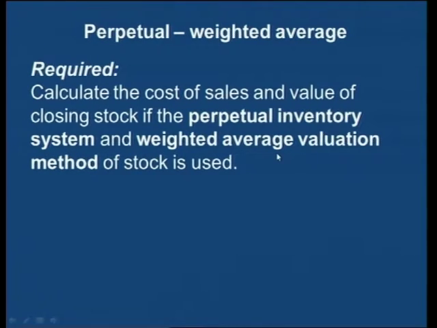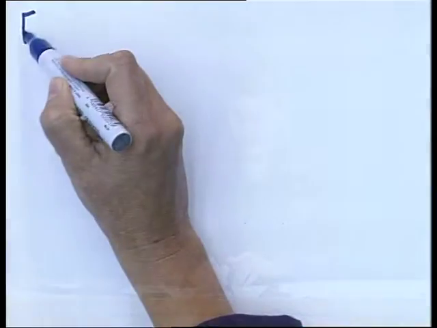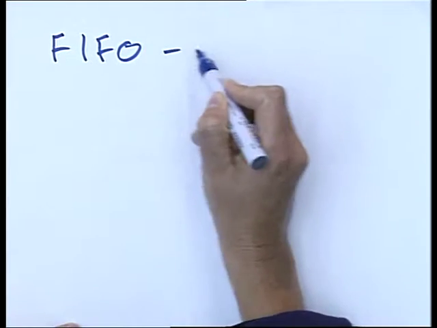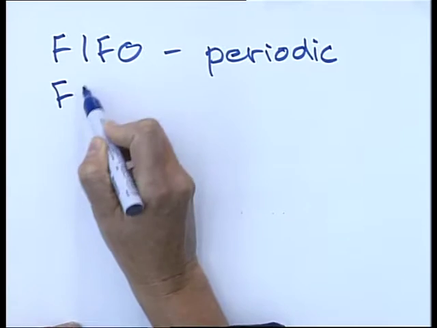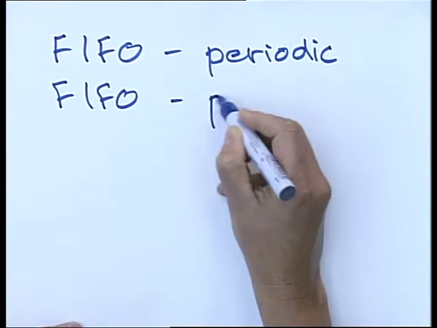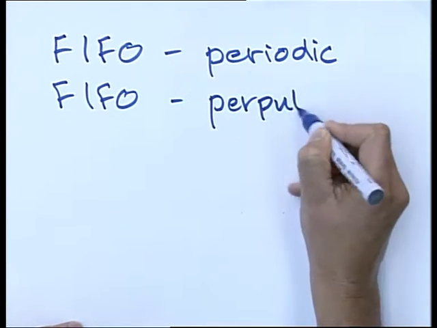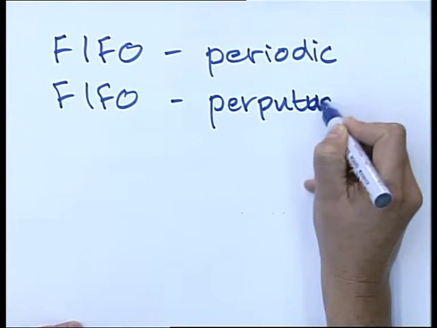Before we carry on, I just want to show you something again maybe. Remember, there's 4 systems that we can actually use. It's the FIFO, periodic. Then we've got the FIFO, perpetual. Okay, we dealt with that last time, perpetual.